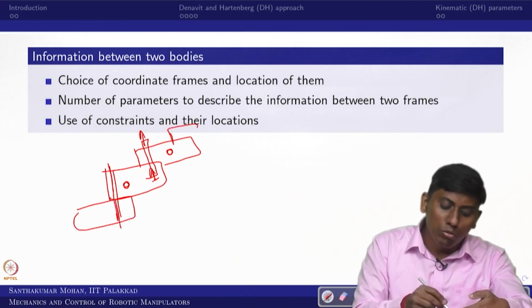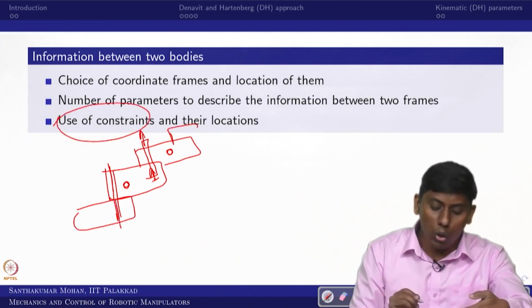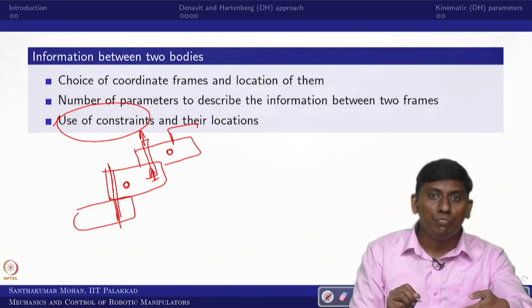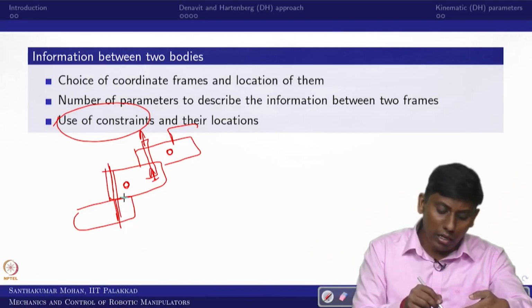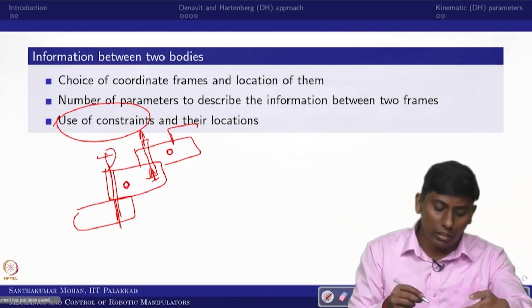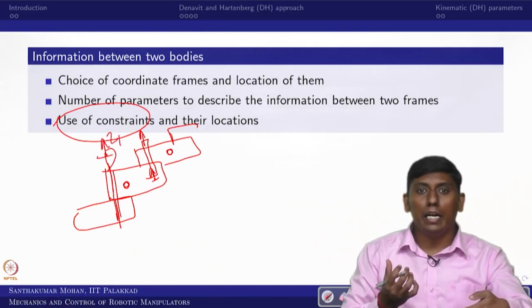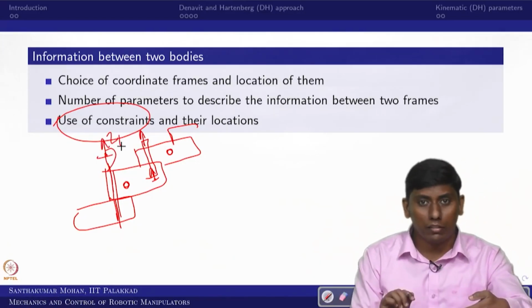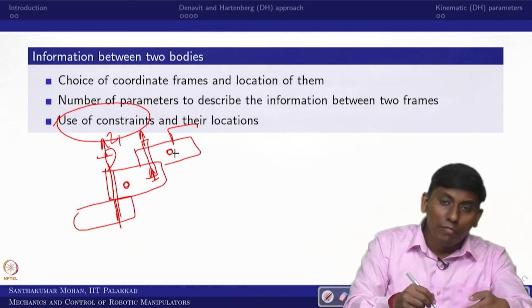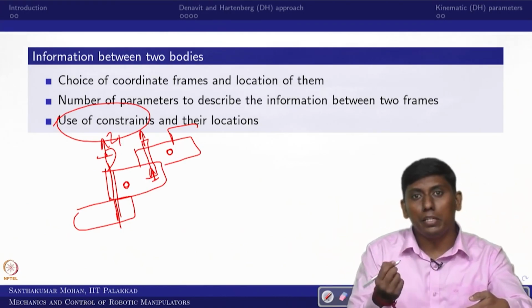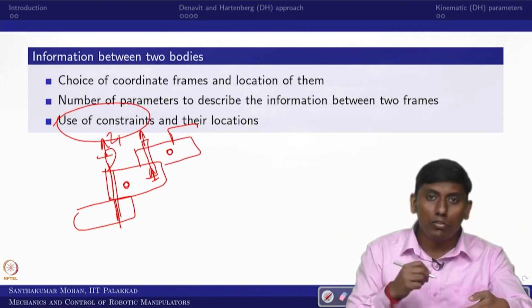I can use these constraints, which are nothing but the joints and their locations. For example, if the joint has only vertical rotation, I can keep the z axis here so that I can relate the rotation with respect to that axis, rather than the normal way of representing with respect to the CG. I can modify it.